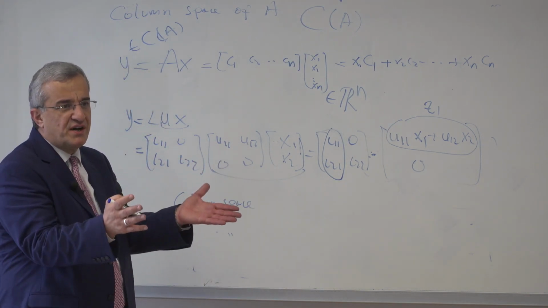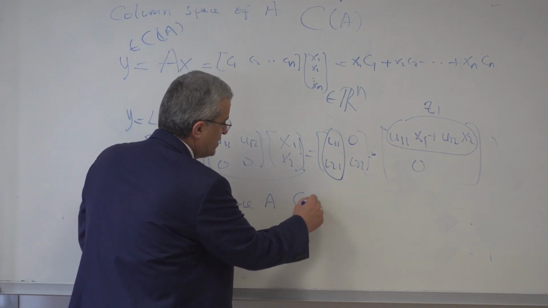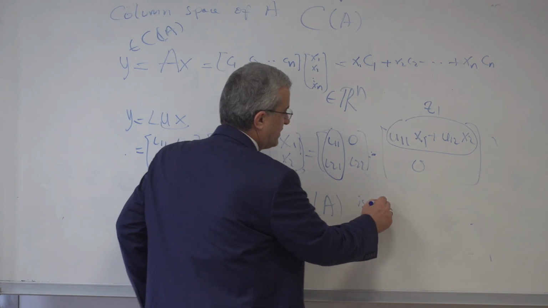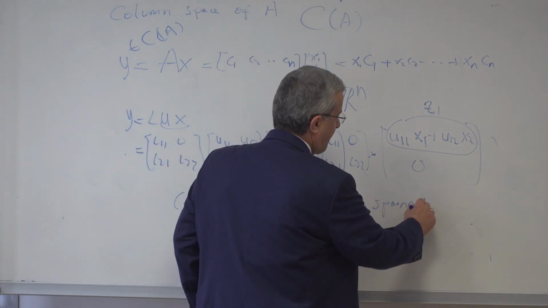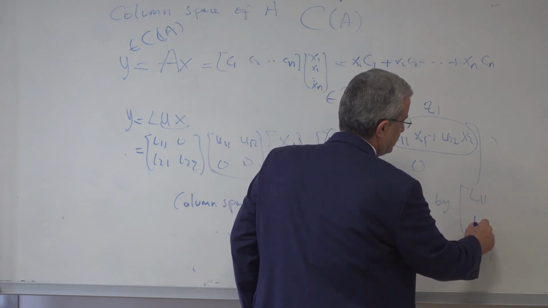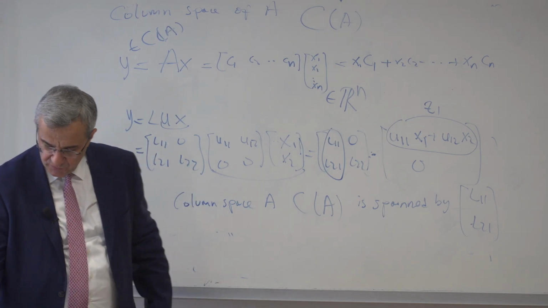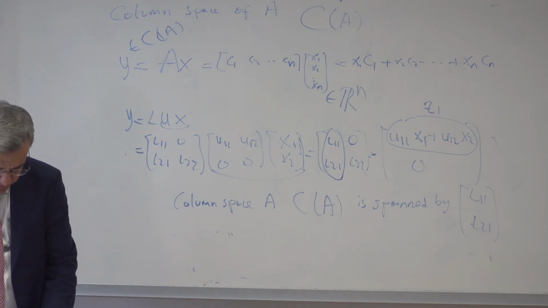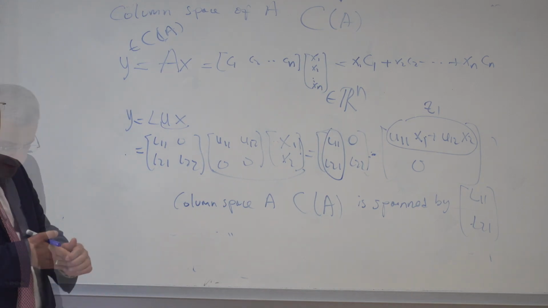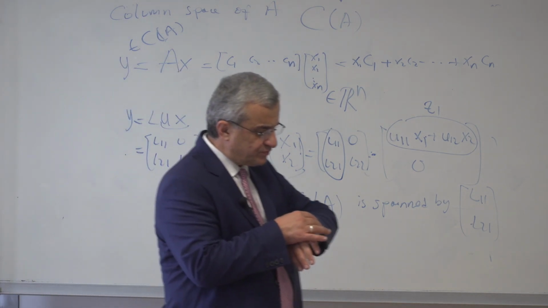You can find many other ones, but the column space of A, C(A), is spanned by L11 and L21, the first two columns of L. Okay? Any questions?